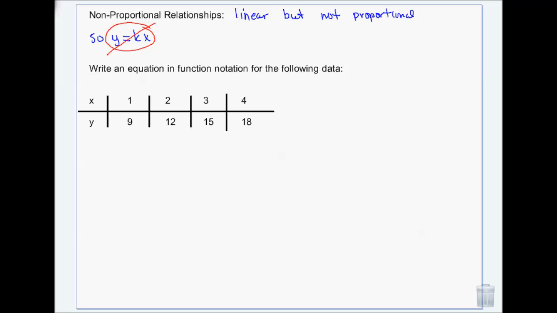Instead, what we have is the ratios are not equal. So our formula is going to be y equals mx plus b, or y equals kx plus b. We're going to have to add or subtract something onto the end after we multiply to make it work.